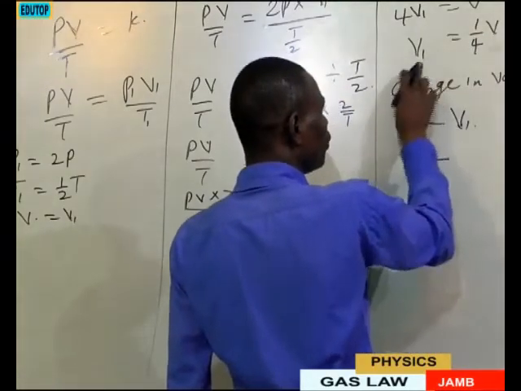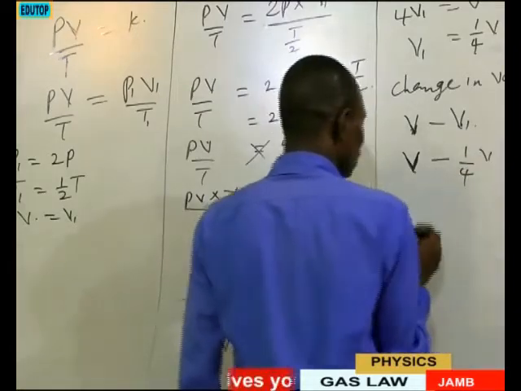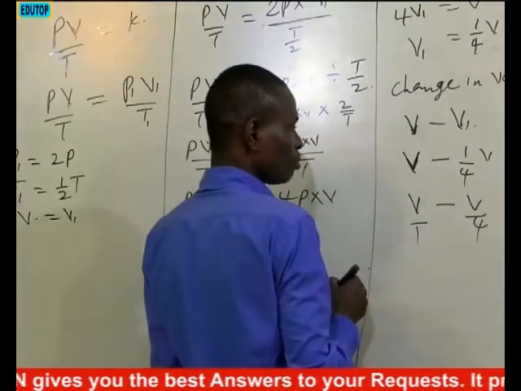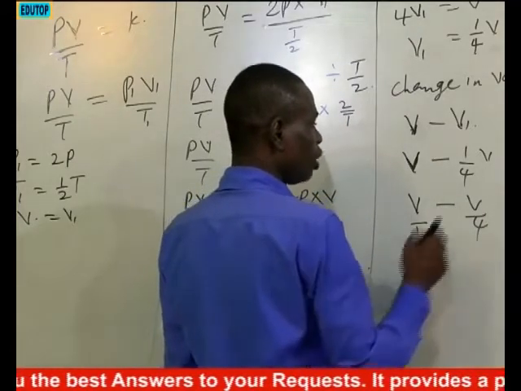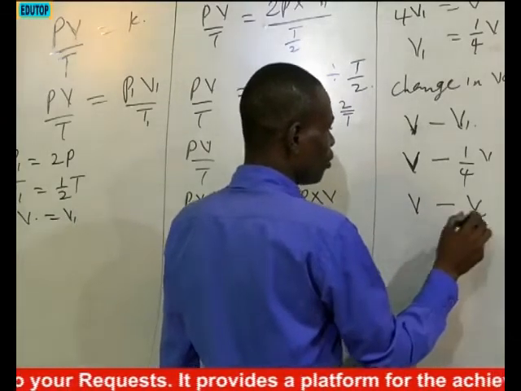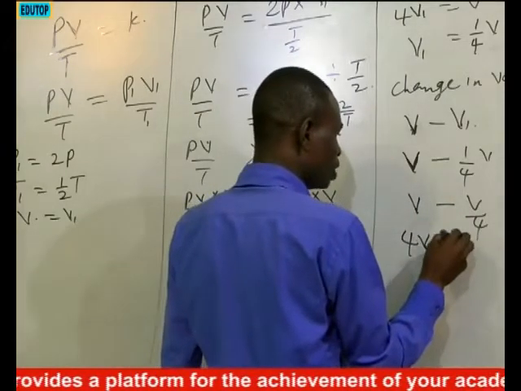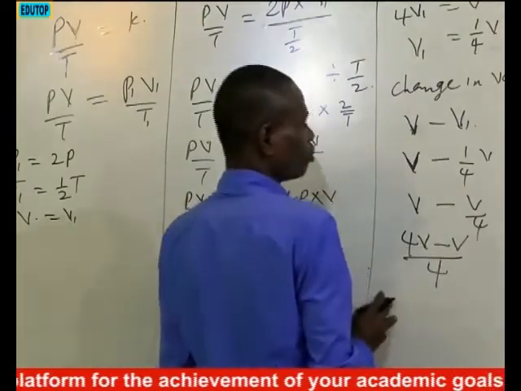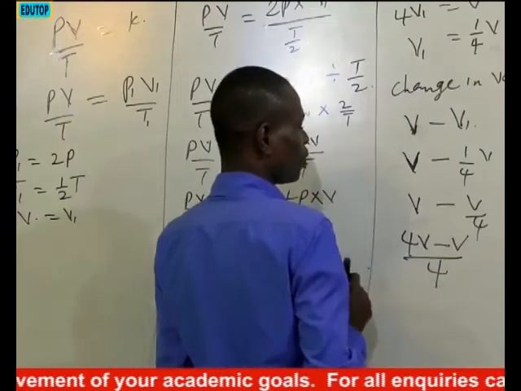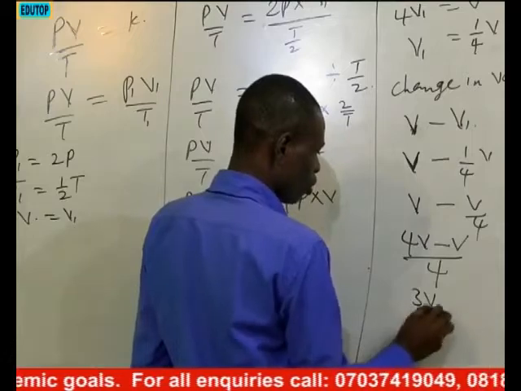So we are going to write the value of V1, which is 1 over 4 V, for this. This is V minus V over 4. So let's try to multiply it also. This will give us 4 times V. 4V minus V, everything over 4. And this will now give us 4V minus V is 3V over 4.